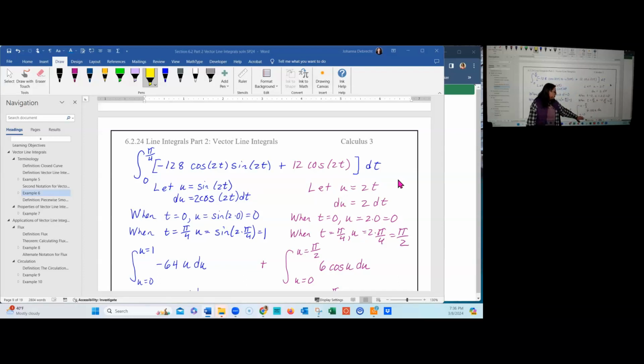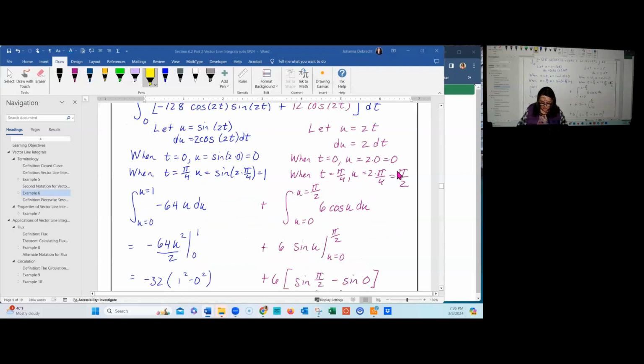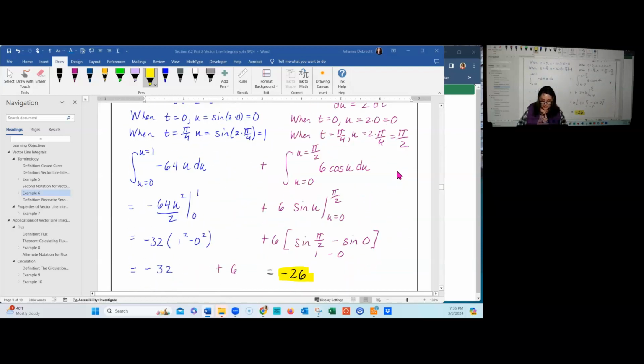This gives me the integral from 0 to pi over 2 of 6 cosine of u du. The integral of cosine of u is sine of u, and then I evaluate between 0 and pi over 2 to get 6 for the second integral. Negative 32 plus 6 gives me negative 26 for the value of the vector line integral.